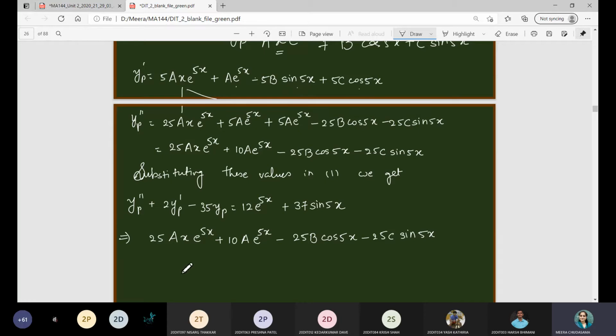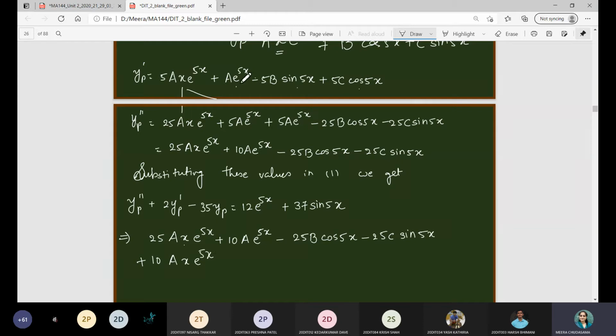So I will write the terms of yp dash in the next line by multiplying with 2, and the corresponding terms with the alignment of yp double dash. So first I will write the x and e exponential function that is involved over here. It is multiplying with 2, so 2 into 5, that is 10, plus sign a x e raised to 5x.